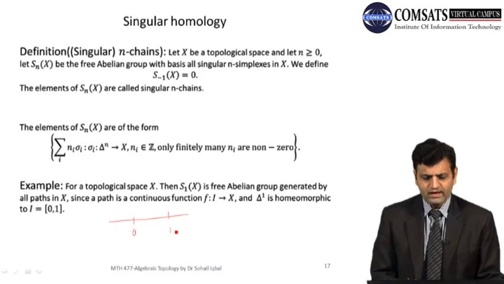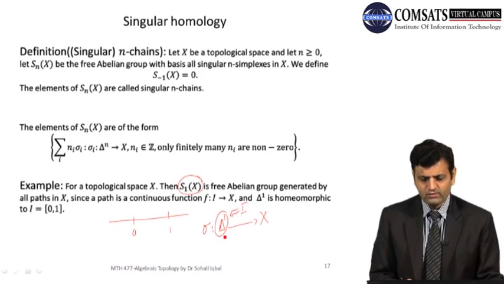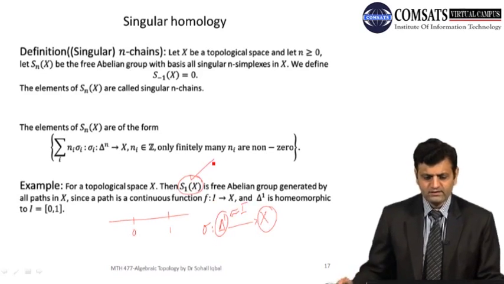So S1 of x is basically the set of all paths in x, because when we take a continuous function from this one simplex to the topological space x, since it is homeomorphic to I, we are talking about paths inside x. So S1 of x is the free abelian group generated by all paths in the topological space x.